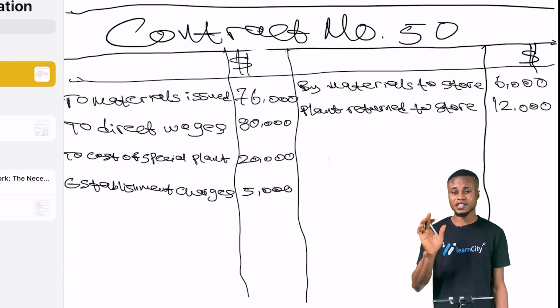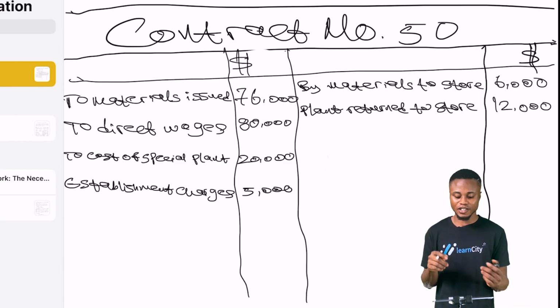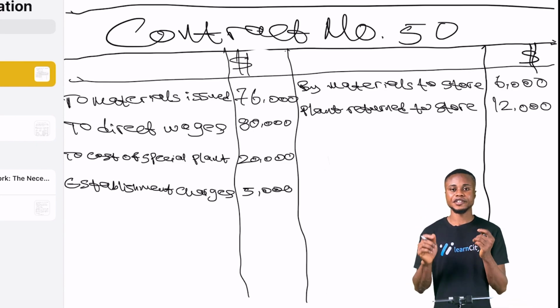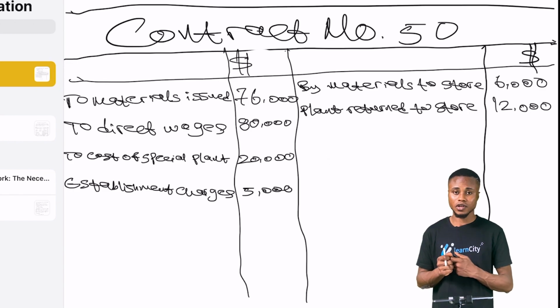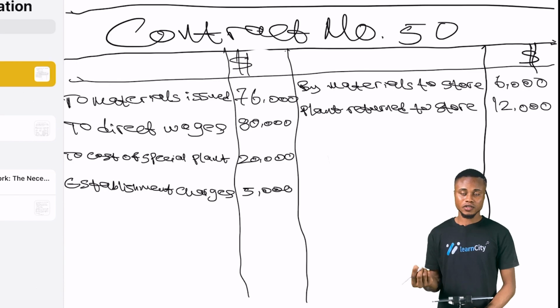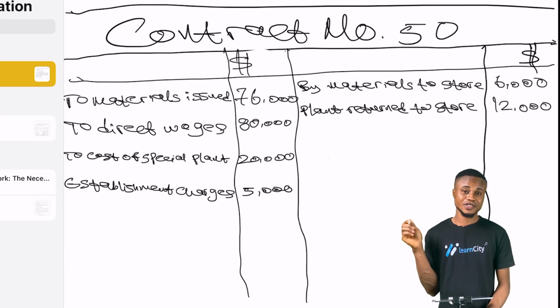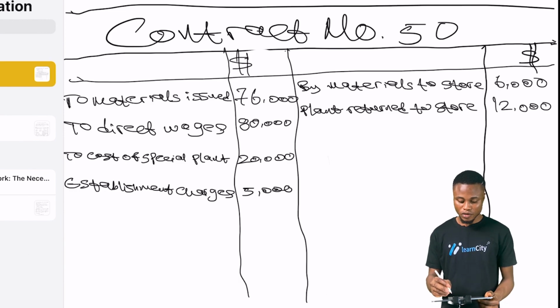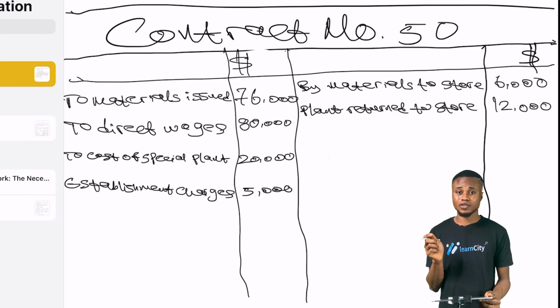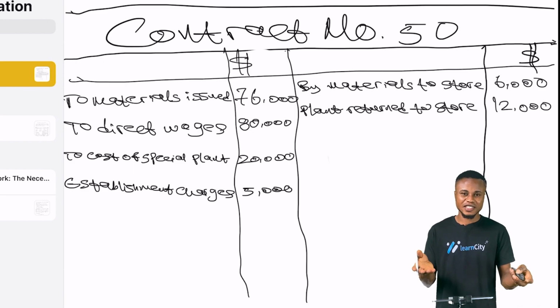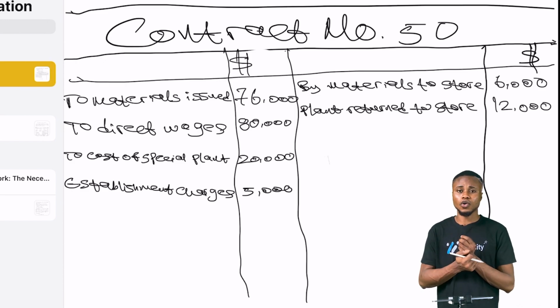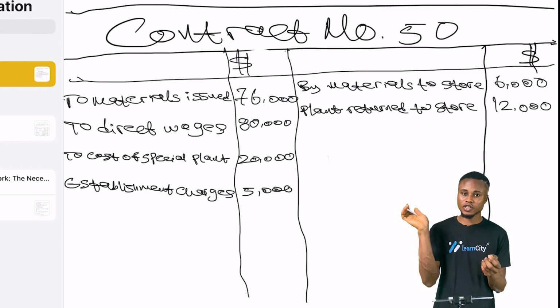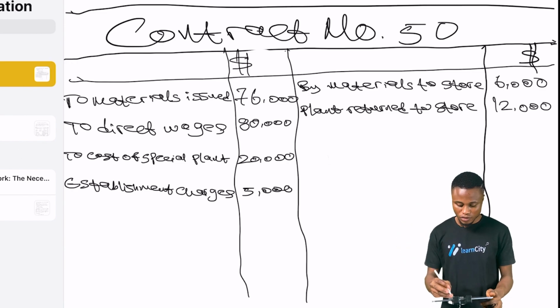The reason for this is quite simple. The contractee's account will receive this $200,000 on its debit side. So the $200,000 will appear on the credit side of the contract account because it is going to the debit side of the contractee's account. Of course, don't forget this 200,000 is the contract price, but I can write it either as contract price or as contractee's account because it is going into his account.